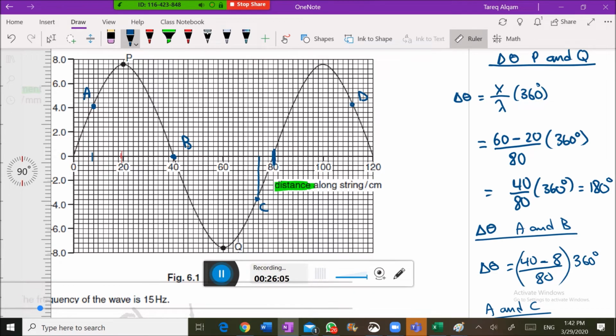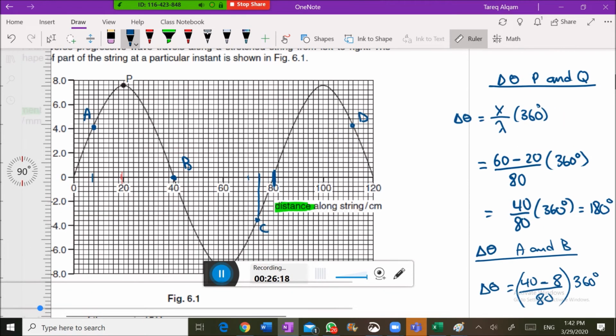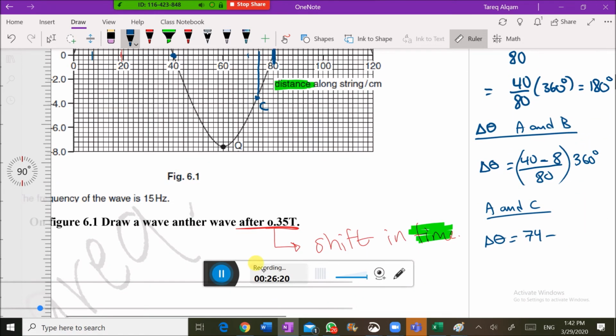C 2 4 6 8 70 72 74. So the phase difference here will be 74 minus 8, over 80, which is the wavelength, times 360 degrees.